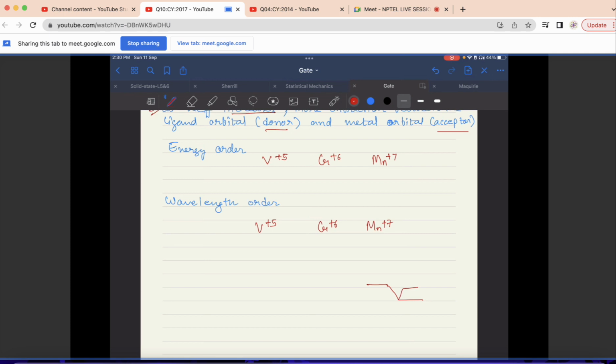If it is my Mn plus 7, my ligand is here, and for chromium it will be a little higher, and then for vanadium.